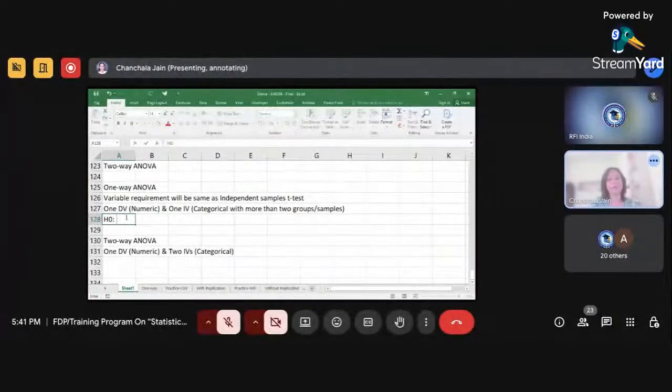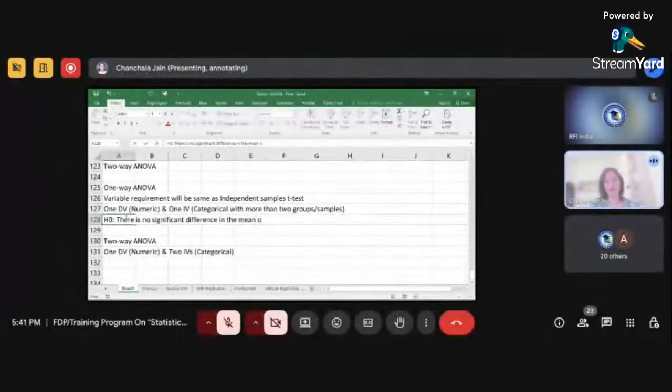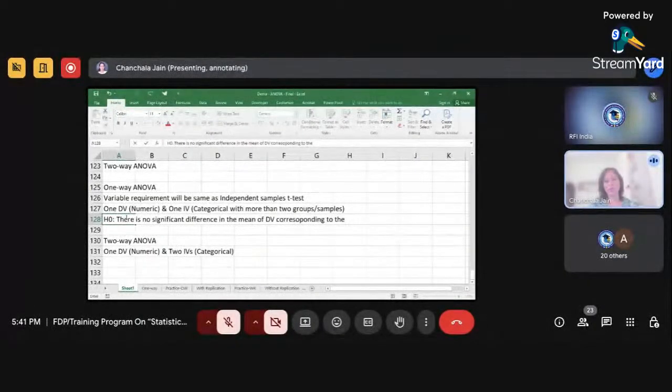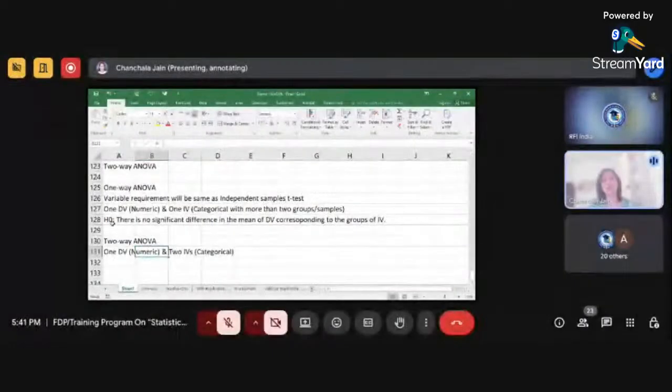That is, there is no significant difference in the mean of DV corresponding to the groups of IV. Right? So this is a simple hypothesis which we use in case of one-way ANOVA.